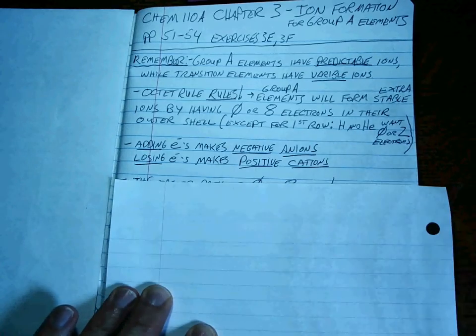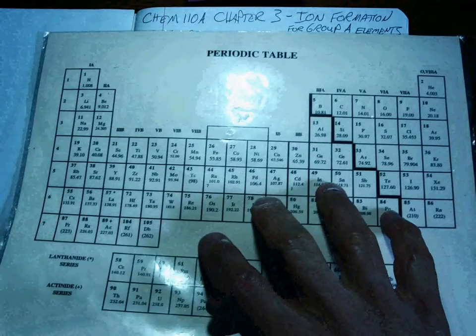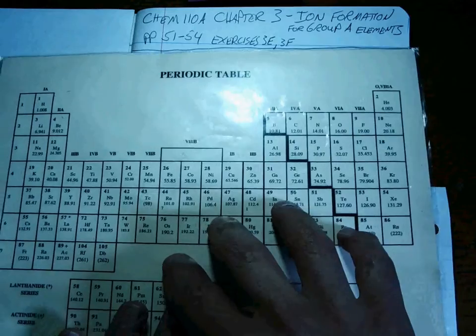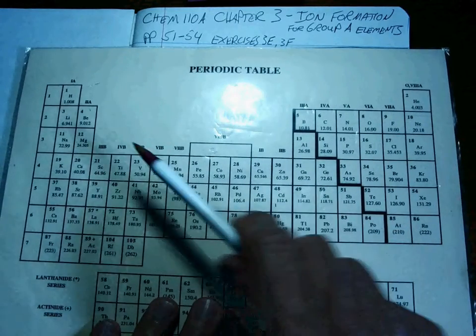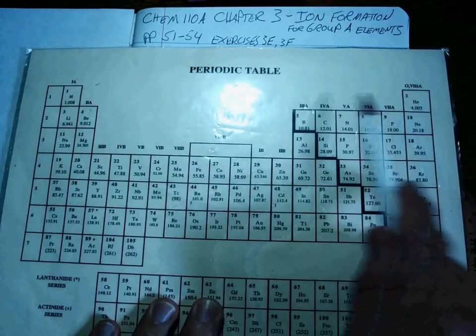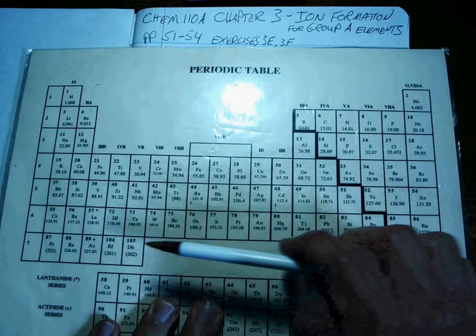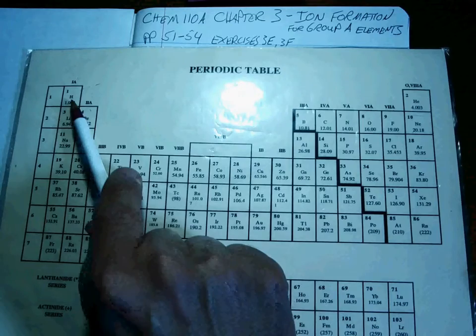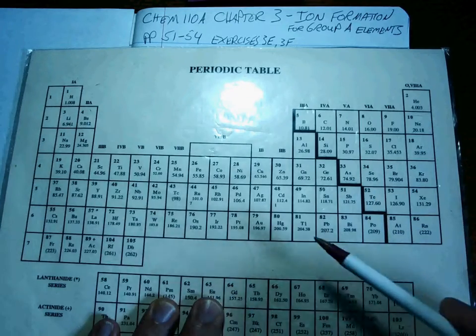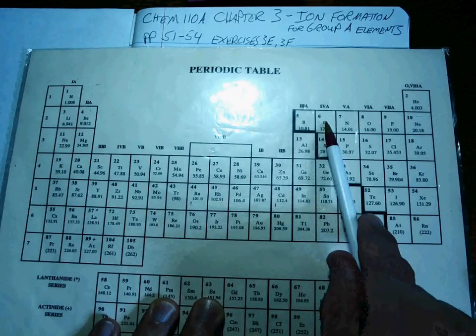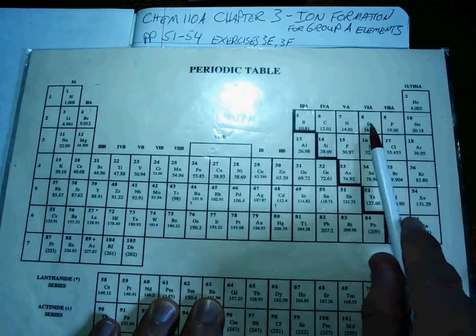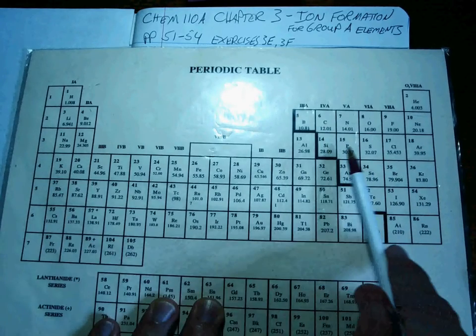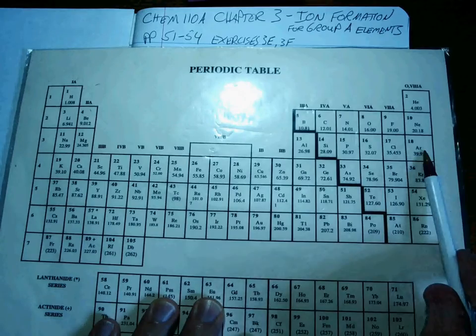Now that first row is a little different, because in the first row we only have 2 elements, hydrogen and helium, so satisfaction for those two, extra stability, occurs with either 0 or 2 electrons. But for the rest, 1, 2, 3, 4, 5, 6, 7, 8.